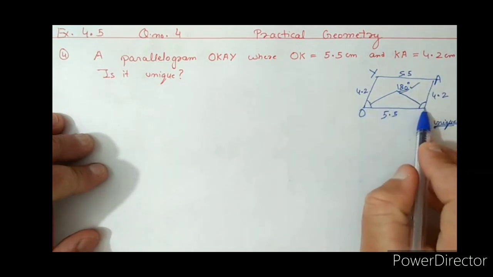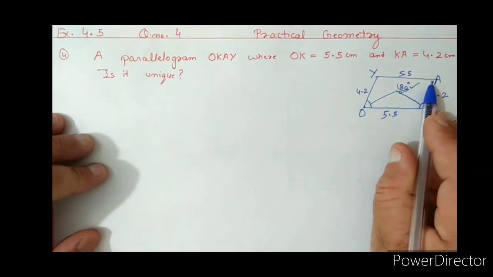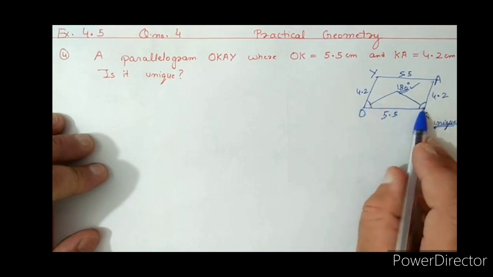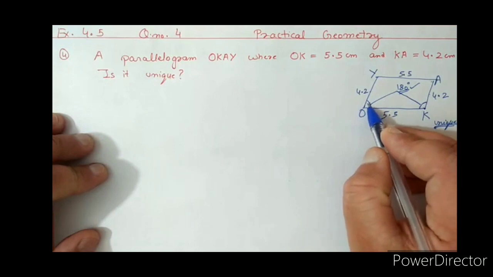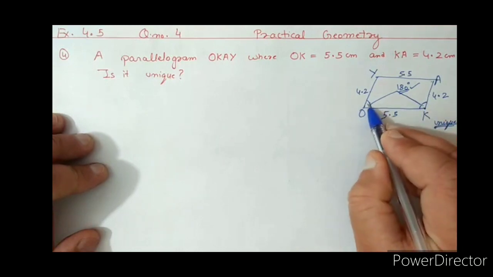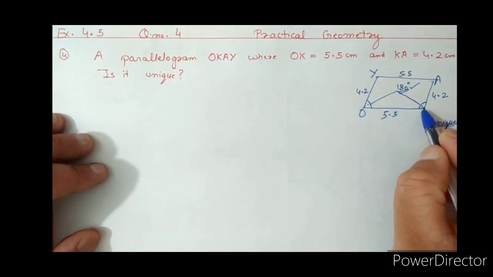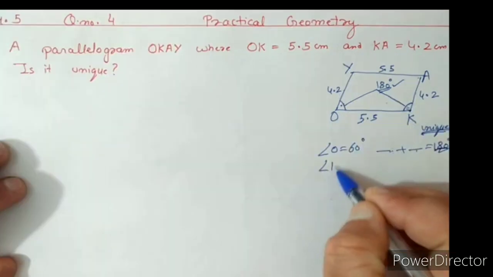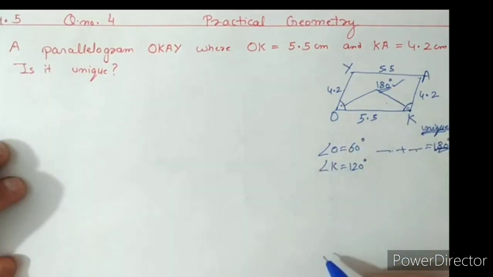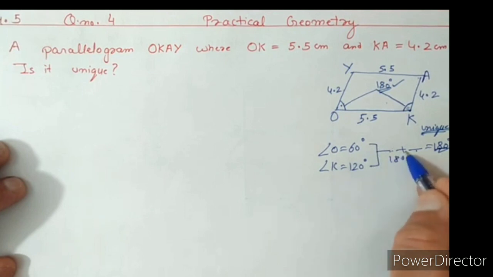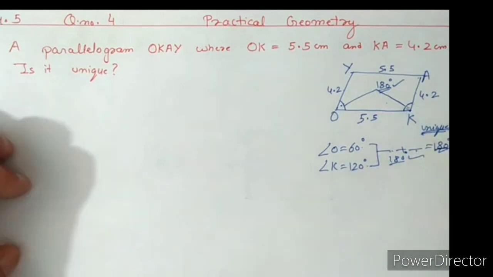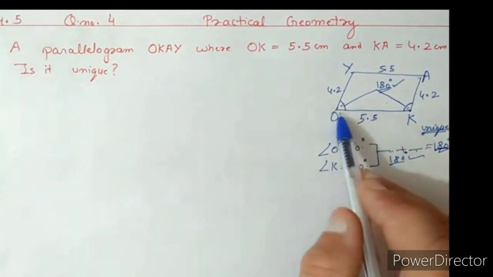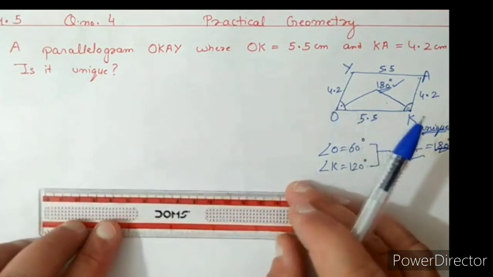That 180 degree, according to our convenience, we split as two angles: angle O 60 degree and angle K 120 degree. Together it is 180 degree. This is one more property of a parallelogram: adjacent angles are supplementary.